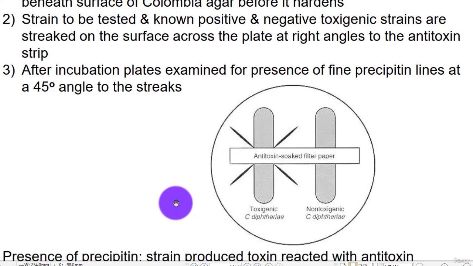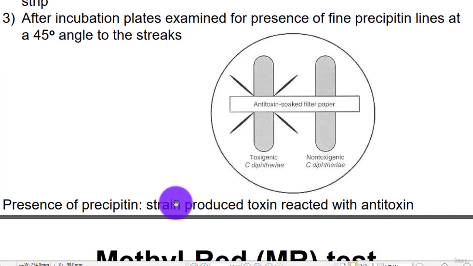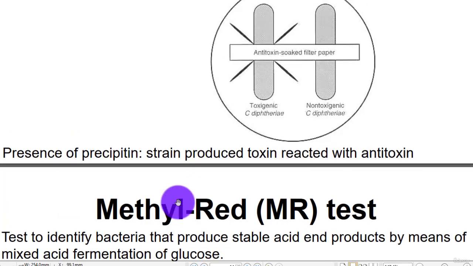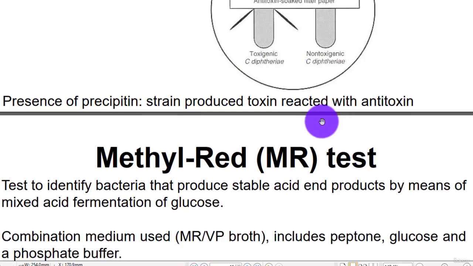After incubation, the plate is examined for the presence of a fine precipitin line at a 45 degree angle to the streak. Presence of a precipitin line means the strain produces toxin that reacts with the antitoxin. This is toxigenic Corynebacterium diphtheriae versus non-toxigenic Corynebacterium diphtheriae.